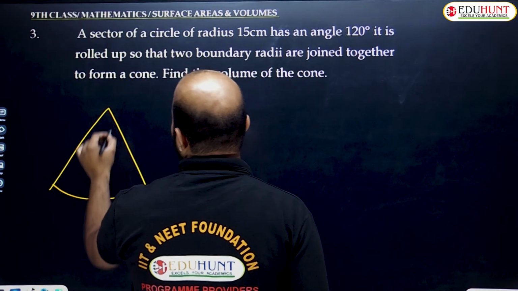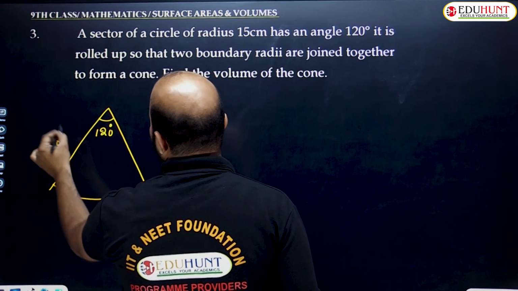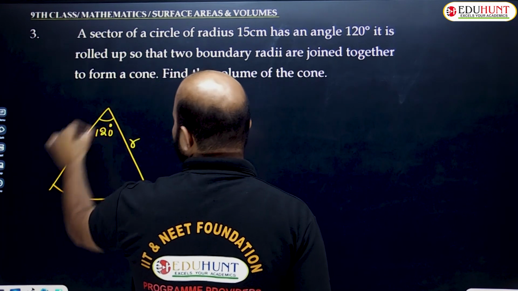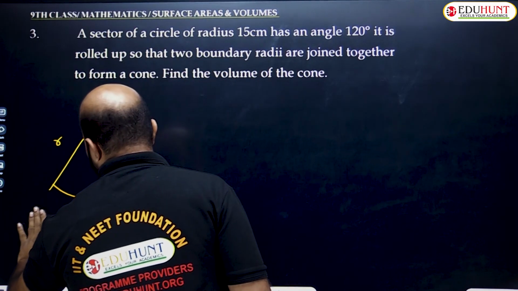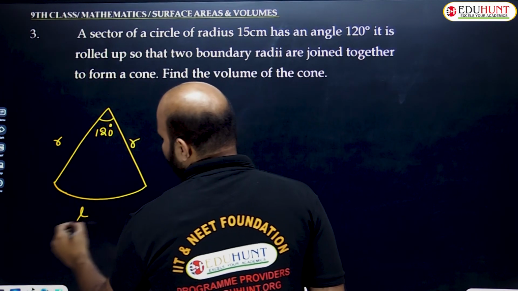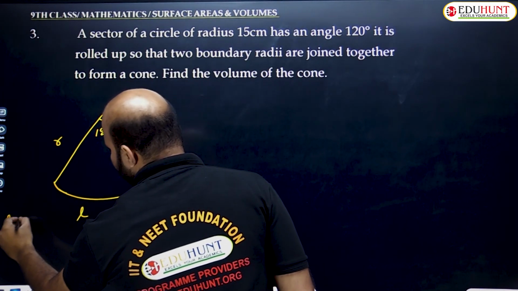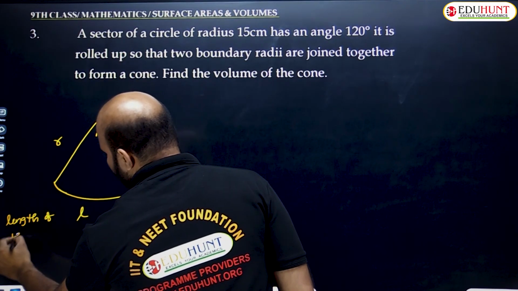The sector angle is 120 degrees. The sector contains two radii, and L stands for the length of the arc.